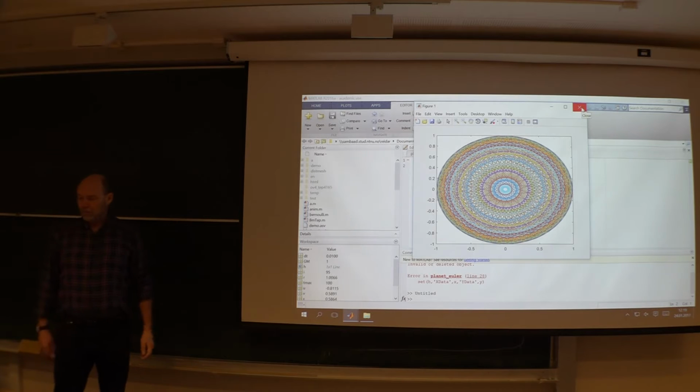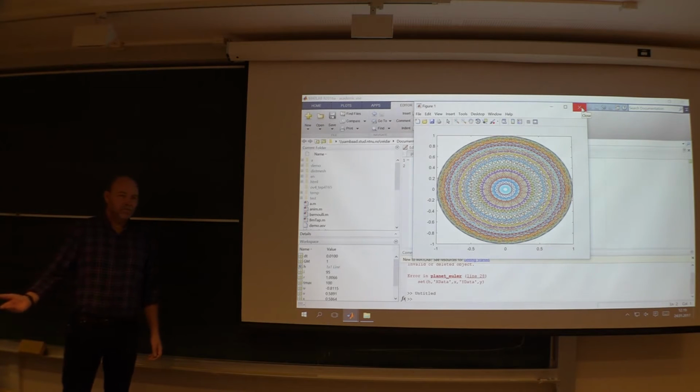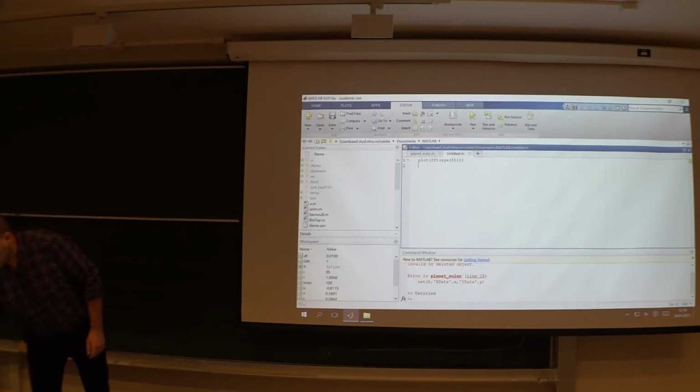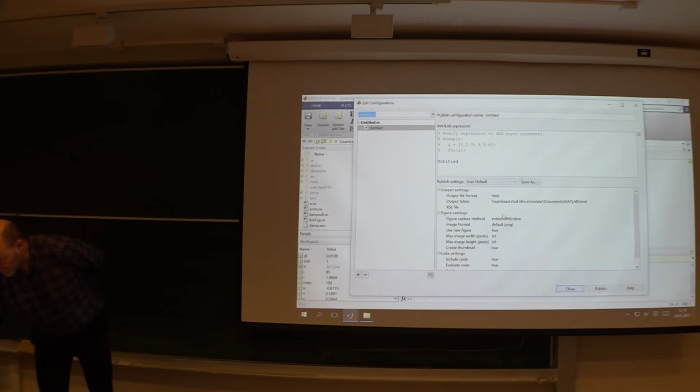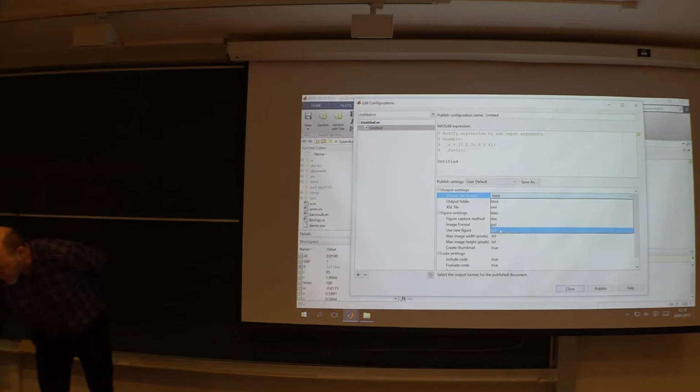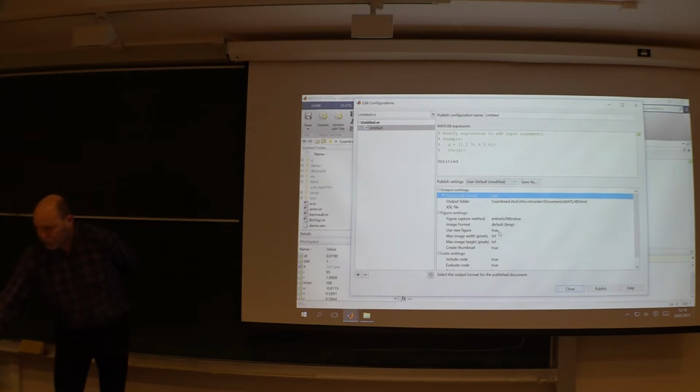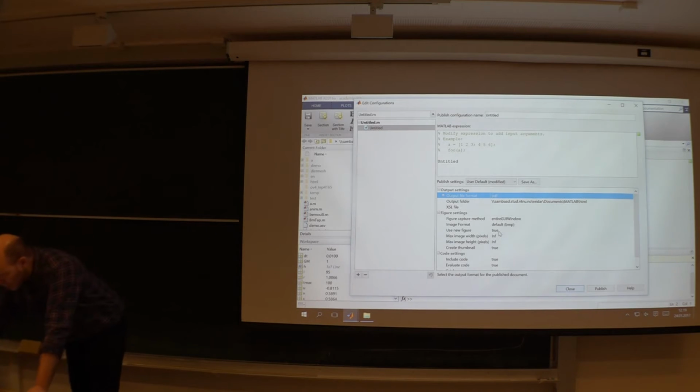But say now I want to publish this one. So then you go to publish. And here, sadly, the default is HTML, web pages. So you have to change that one to PDF. On your computer, you can do it once. On this one, I have to do it every time.